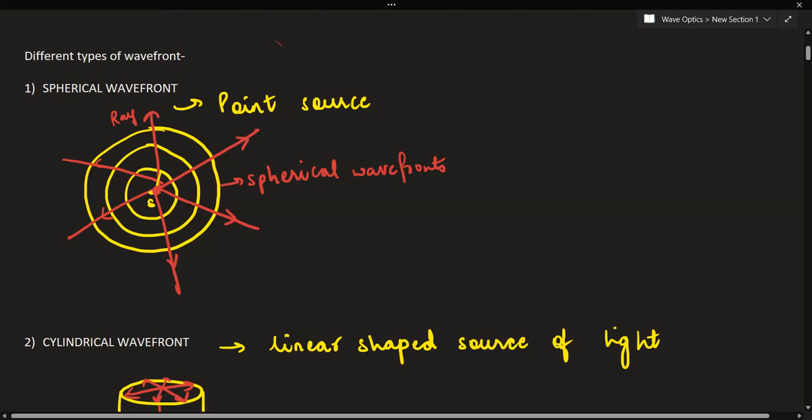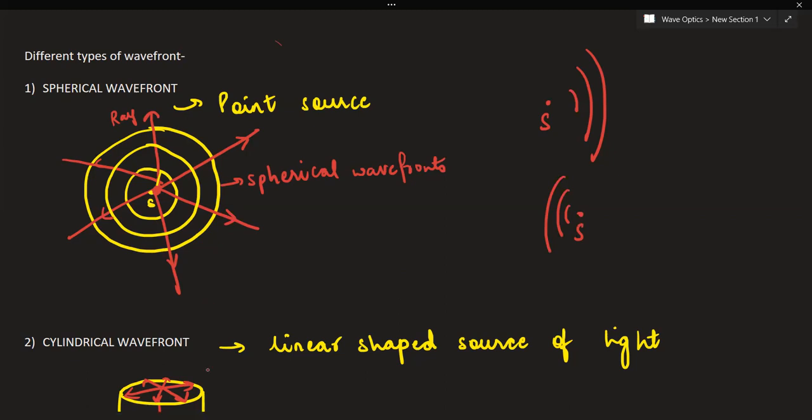If you take a portion from the right hand side, you will get a diverging wavefront, and the source of light still remains in the center. If you take the left hand side portion, the source of light also remains in the center of the sphere. So understood? Where is the source of light? Yes, ma'am, I understood.